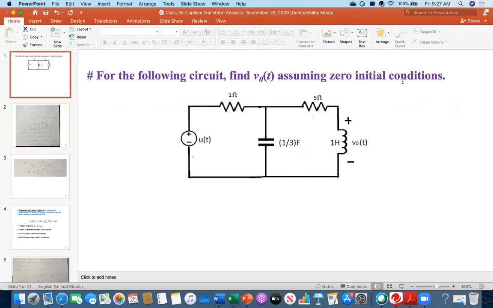For example, if a problem says the I0 value is 2 ampere or the V0 value is 5 volt, what do you do then? Depending on whether it is zero initial condition or there is some initial condition, you have to find the Laplace form accordingly, especially for these two components. So let's have a look at those things first, and then we will come back to the circuit problem.